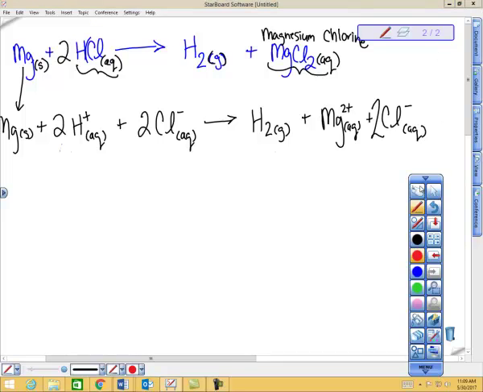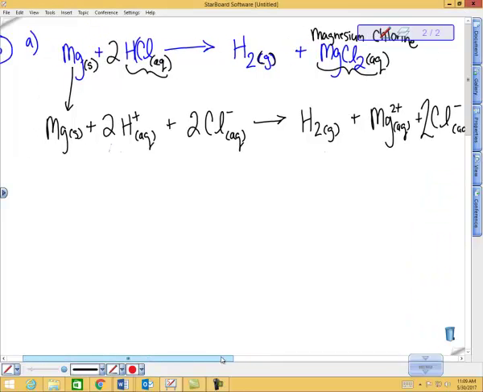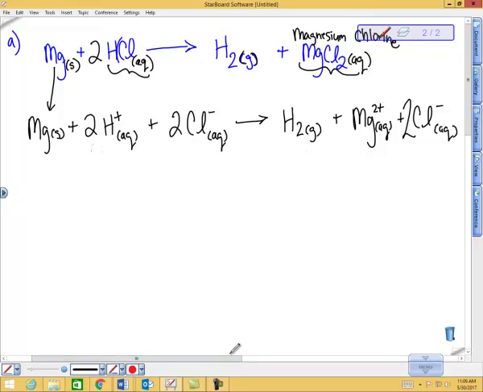All right, what's the next step? Get rid of your spectators. Sound familiar? Spectator ions, stuff that's aqueous on both sides. All right, now we're on to half reactions. So half reactions concentrate on one thing at a time. So let's concentrate on magnesium, and let's see what happened to magnesium.